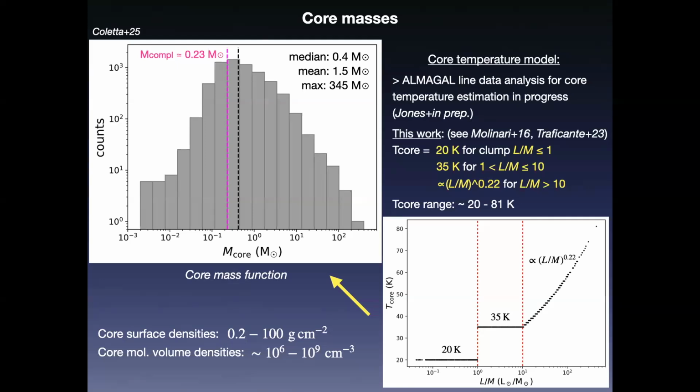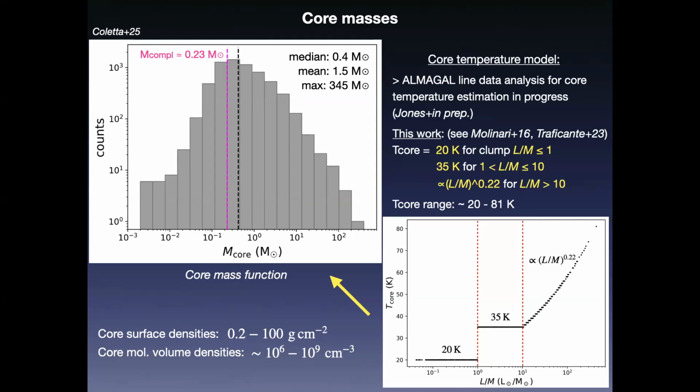So we assigned basically 20 kelvins to the cores pertaining to the clumps with L over M below 1, so the less evolved ones, 35 K for the intermediate sources, and a temperature proportional to a power of the L over M for the more evolved sources. These values come from a fit of the points featured in the model by Molinari in 2016.